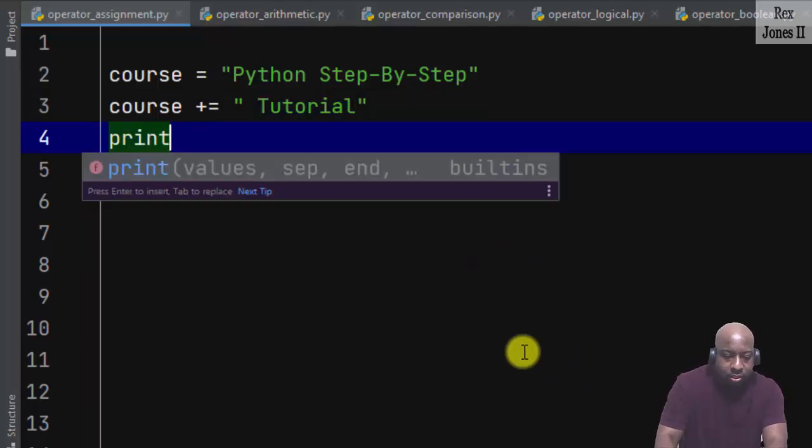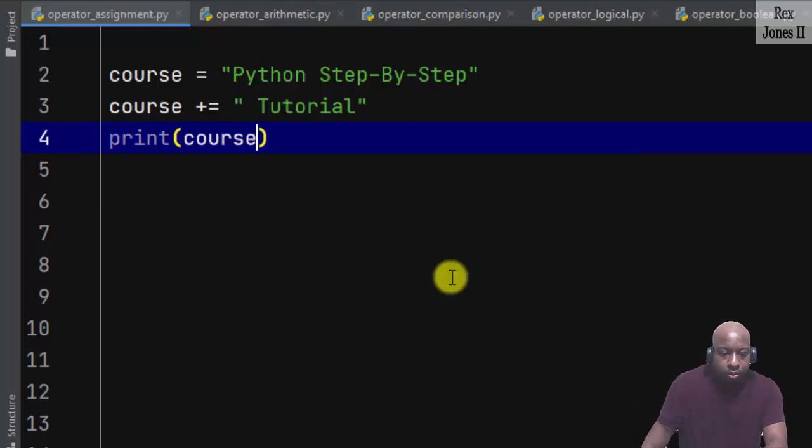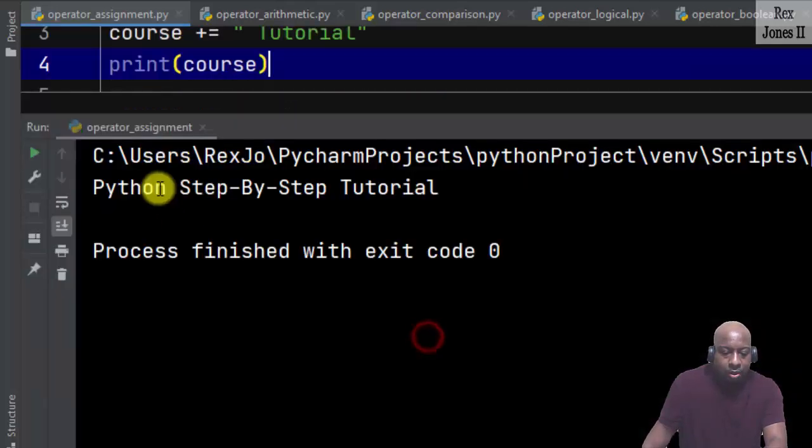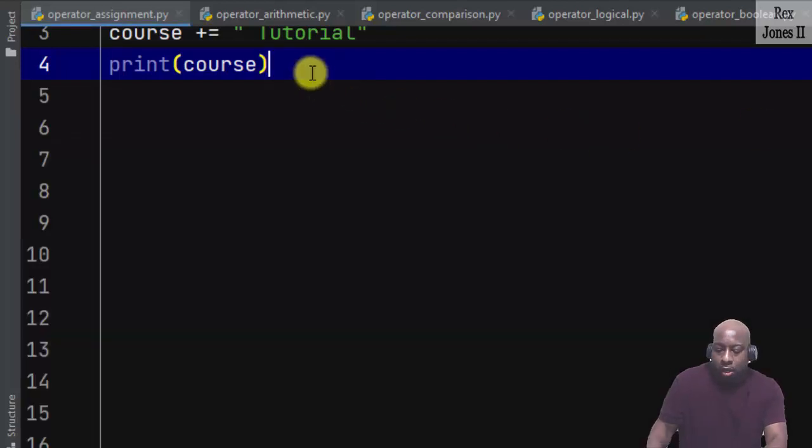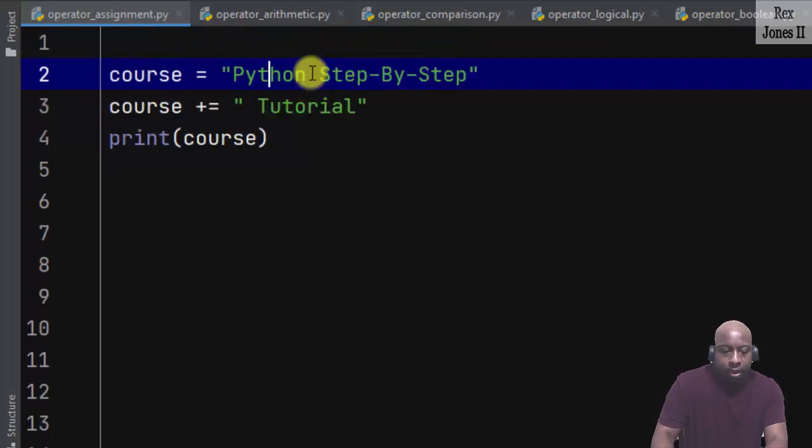When I print course, we're going to see Python step-by-step tutorial. Do you see what happened? It combined the first value with the second value. It's the same with the addition operator and the other arithmetic operators.